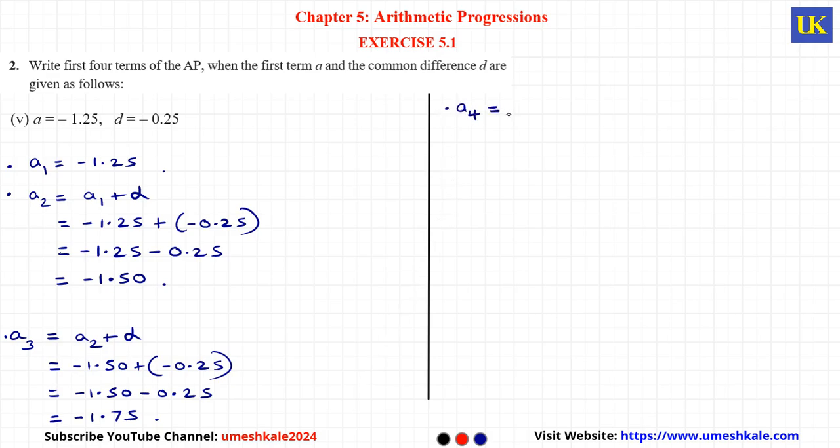Now we will see A4, A3 plus D. A3 is minus 1.75 plus D is minus 0.25. So minus 1.75 plus minus 0.25, and this will become minus 2.0.